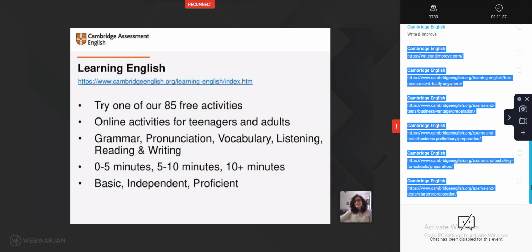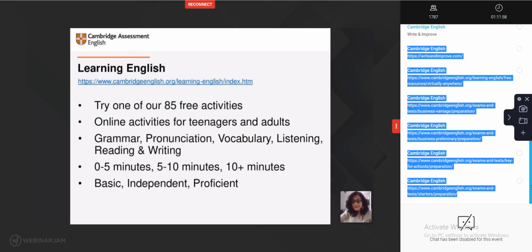There are online activities specially designed for teenagers and adults, with a focus on grammar, some only on pronunciation, some which could have a vocabulary focus, some which are aimed at improving your listening skills, and some on your reading and writing skills, right?